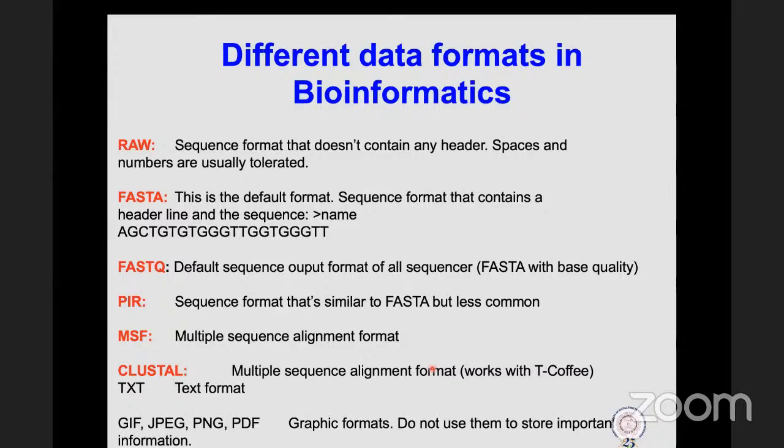But in bioinformatics, there are many data formats. Like FASTA, everyone is aware of the FASTA file. It's a text file format, which starts with the greater than sign, called the header, followed by the name. The name contains detailed information about the sequence below: where it was generated from, what its function is, whether it's a gene or anything else.